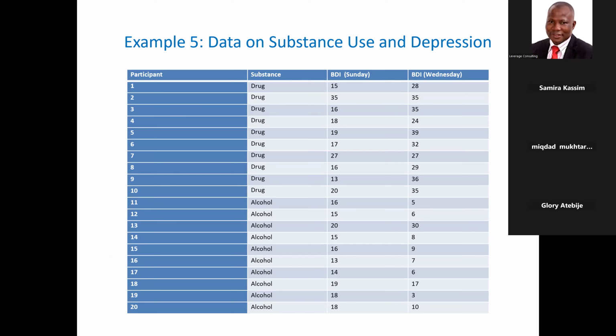You have 20 participants, 1 to 20. The first 10 use drug, the second 10 use alcohol. That's the type of substance they use.